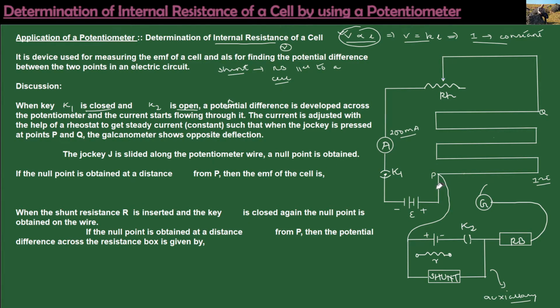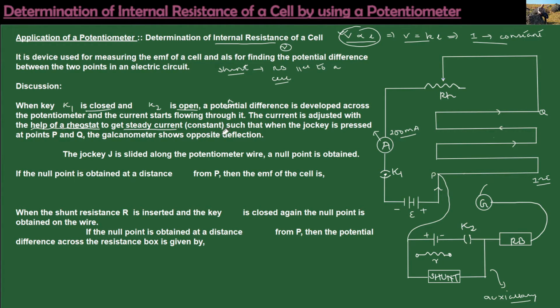This current will flow across the potentiometer wire, in these directions, and then we will have some deflection on the ammeter. This current is adjusted with the help of a rheostat, as I have explained, and we get a steady current simply by adjusting the rheostat.